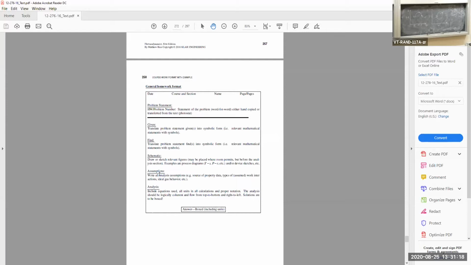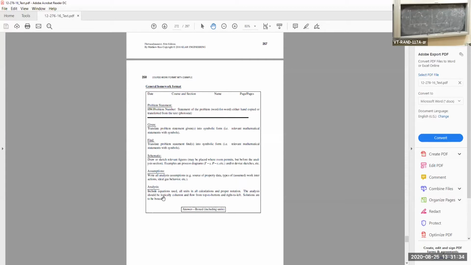Any sources for the problem need to be listed in the assumptions. Also, any assumptions on the behavior of the system. We'll talk more about assumptions as we go along.